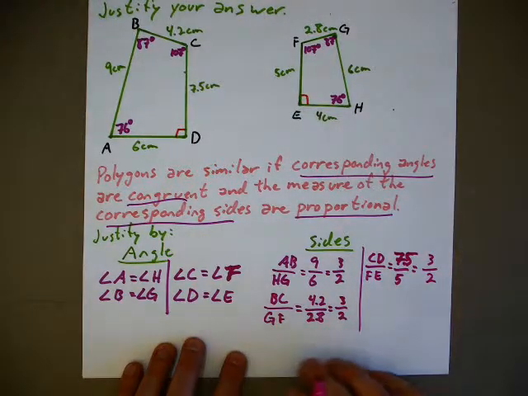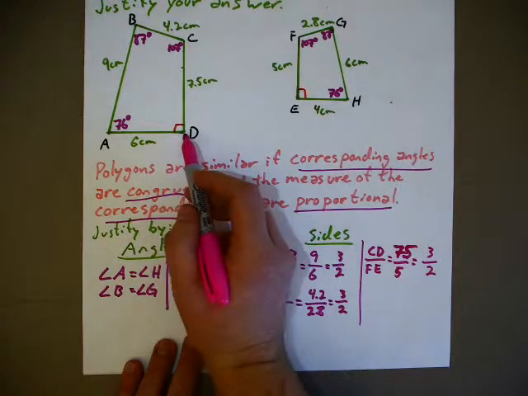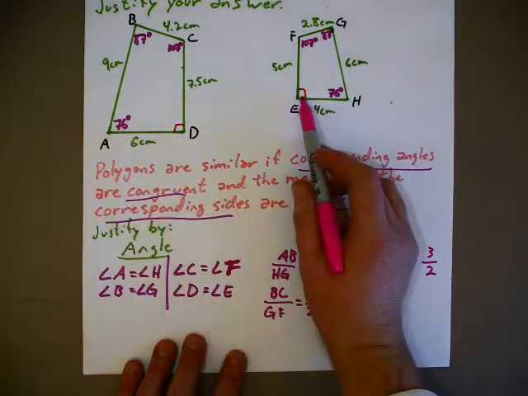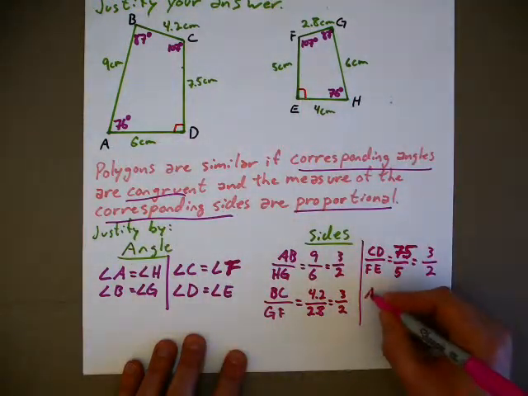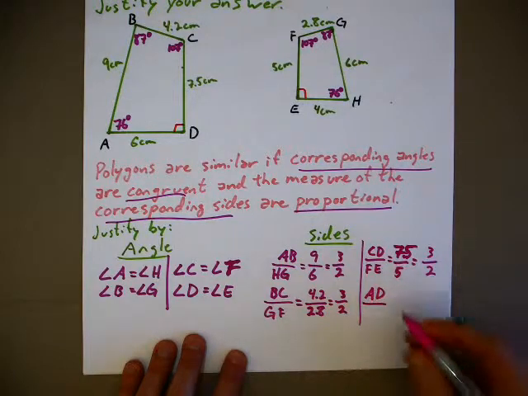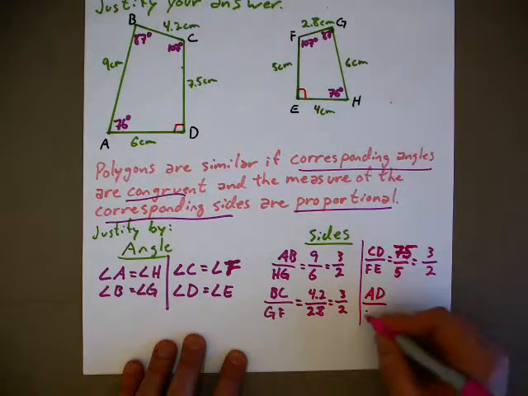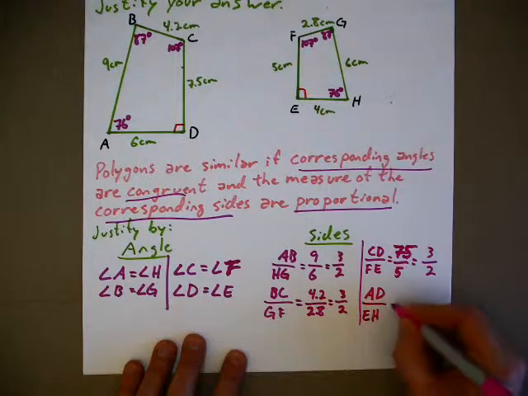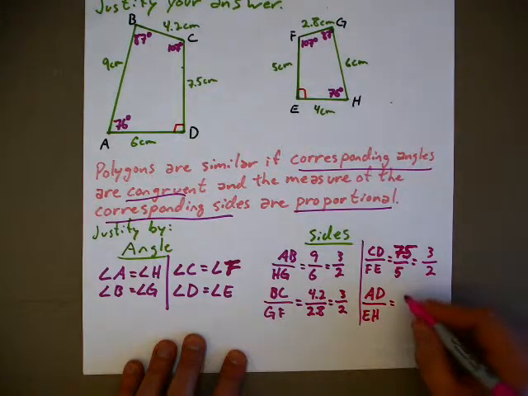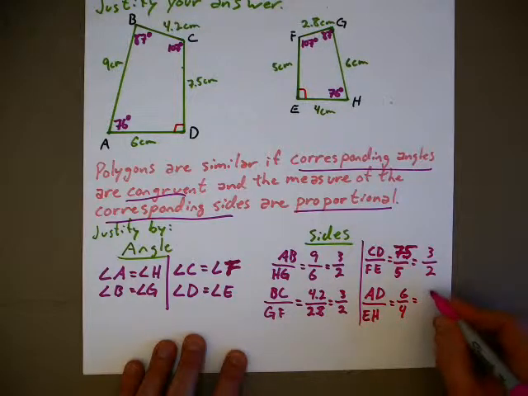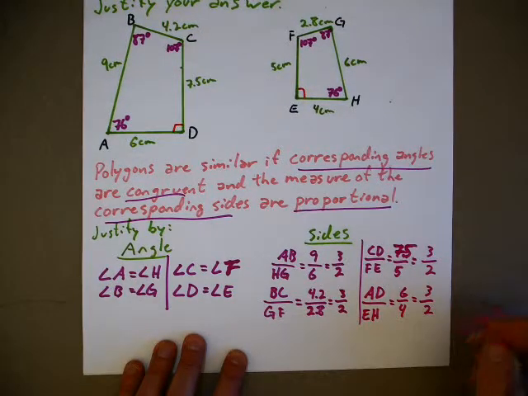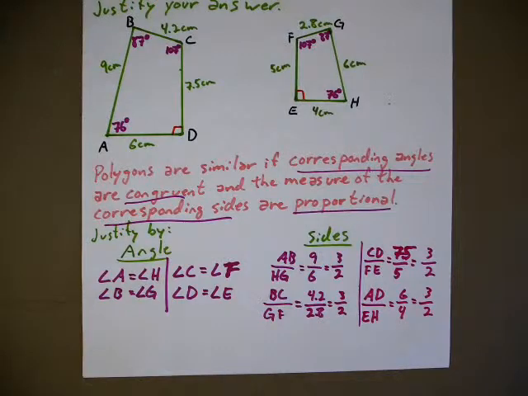And then finally our last side, the 90 degree to the 76, 90 to 76. So that is AD over EH. And that is 6 over 4, and again simplifies to 3 over 2.